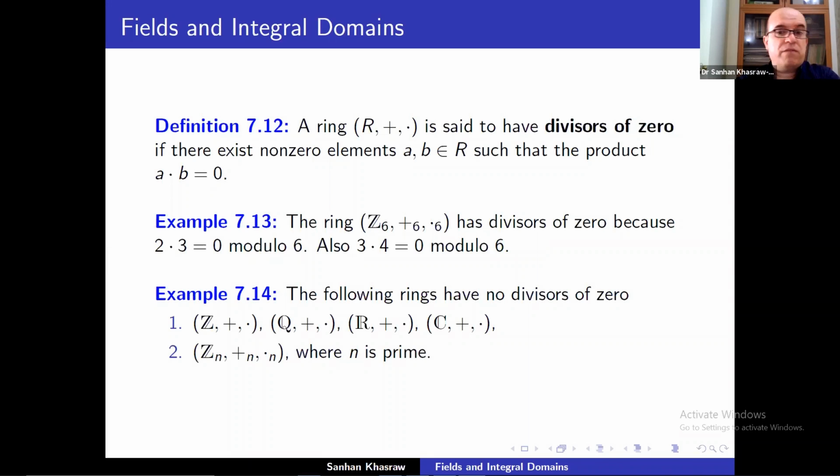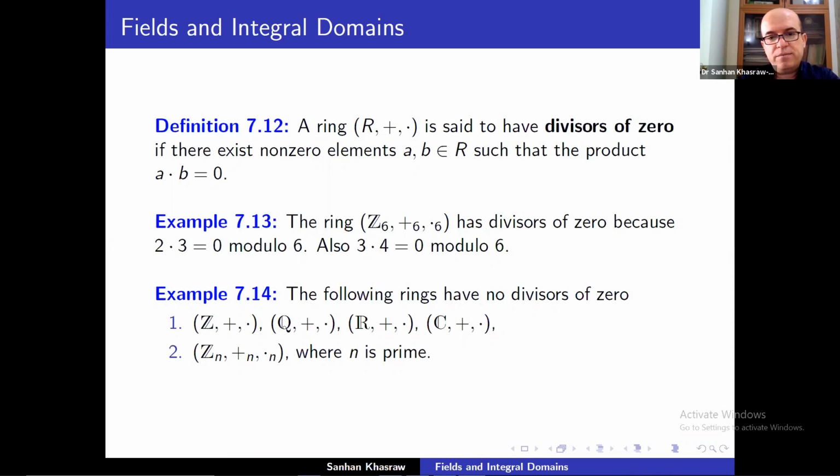The following have no divisors of 0. We can see in the ring Z, if we multiply any two elements, the result is going to be 0 if and only if one of the elements is 0. That's why there are no zero divisors. Q, R, complex is the same.